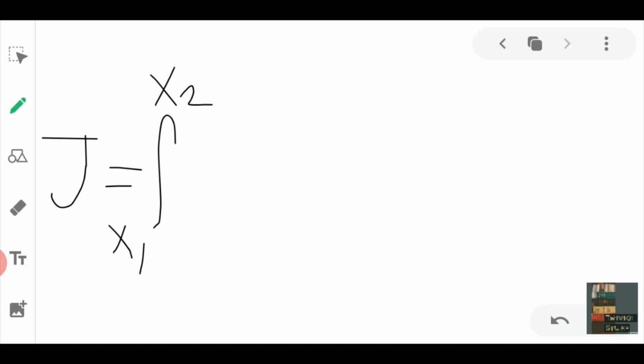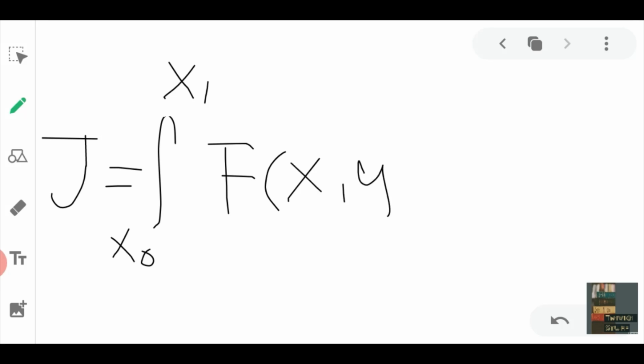So our functional J is equal to the integration from x1 to x2, or let me use another symbol for the limit. The convention should be x0 to x1, and the function F which depends on x, y and y prime, and then dx.